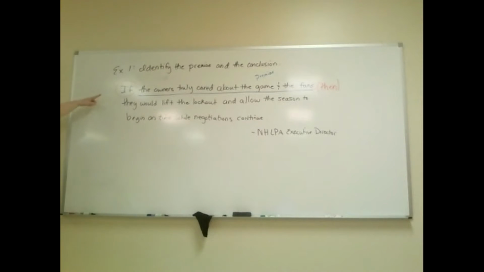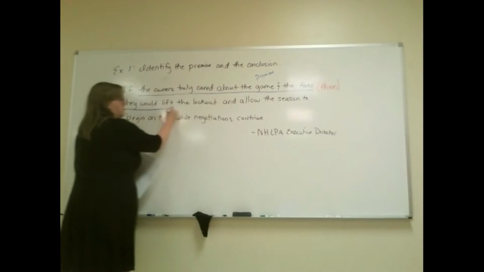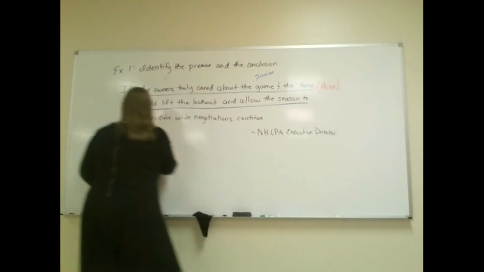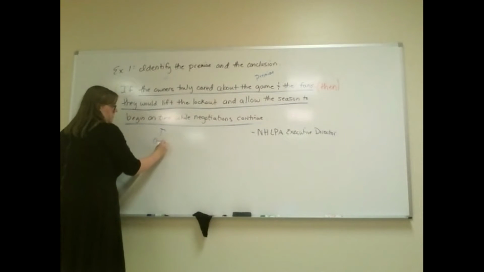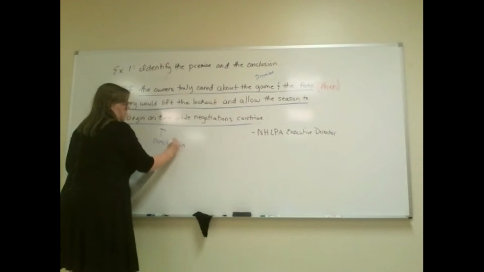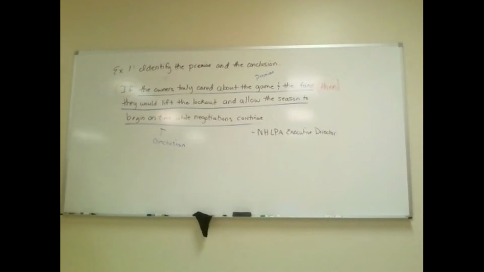So this is the convincing part. And then, after the word then, that's basically the what-they-want part. And this is the conclusion. So all of this is the conclusion. Every argument can be broken into a premise and a conclusion. Okay? Conclusion is what you're aiming for. Premise is the facts or the details you're giving to support why you should get what you want.